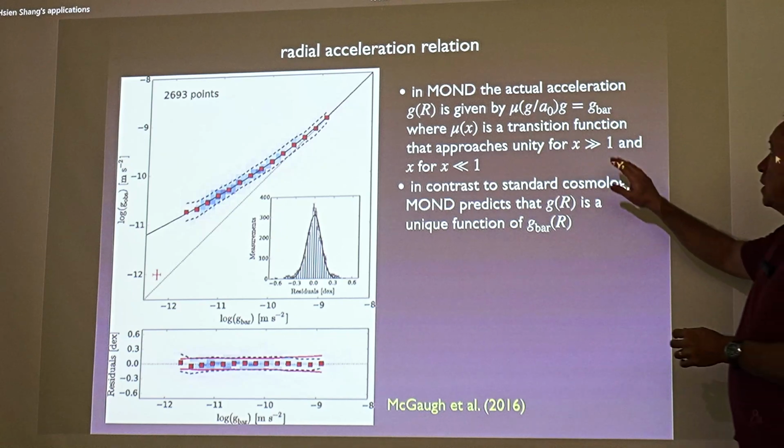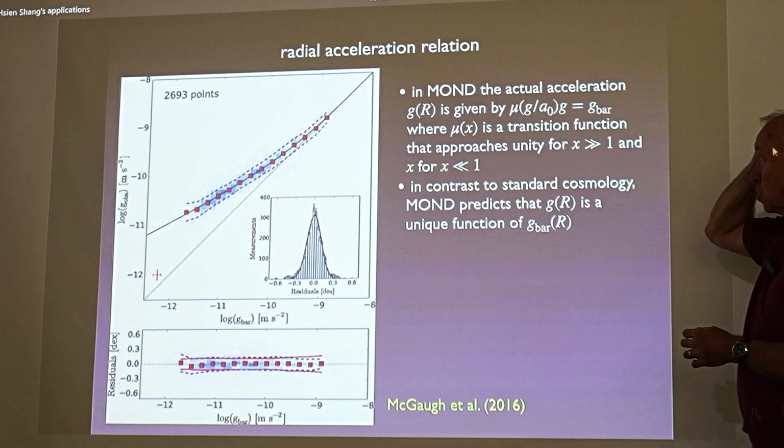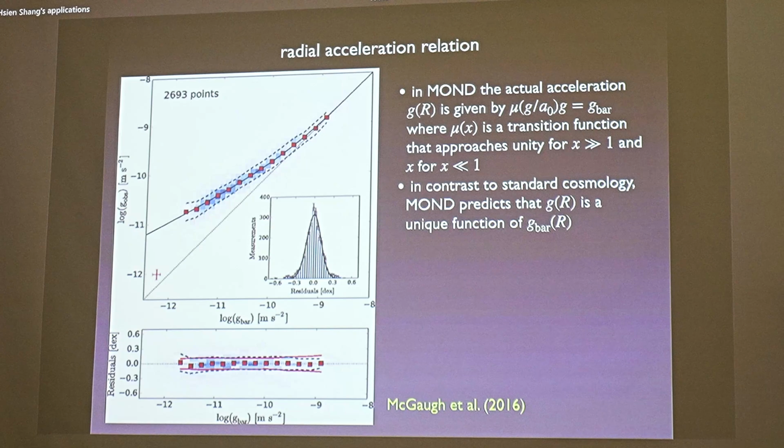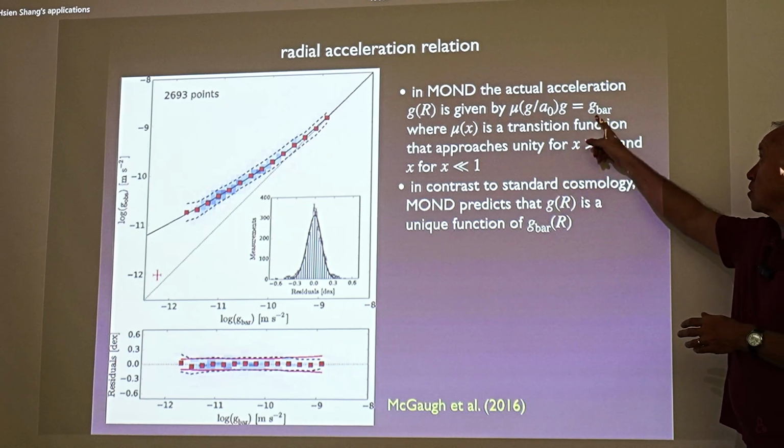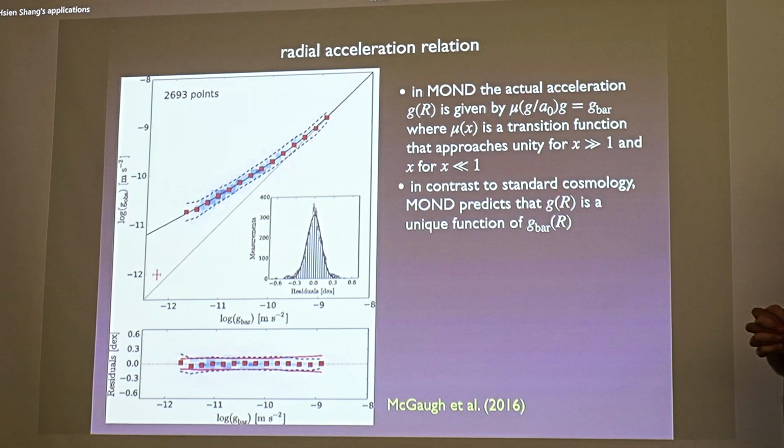Now, what that means is that in contrast to standard cosmology, where the amount of dark matter can vary between galaxies, MOND predicts that the observed acceleration is a unique function of the baryonic acceleration.